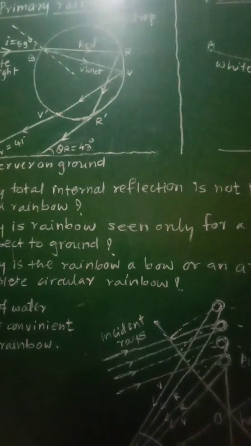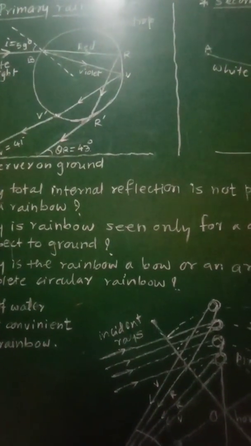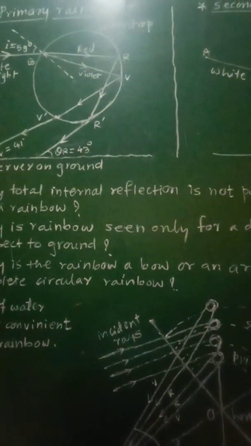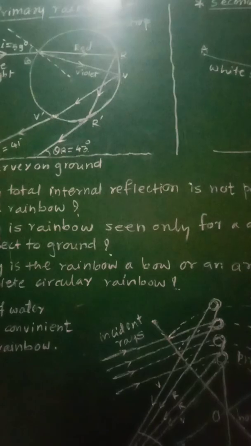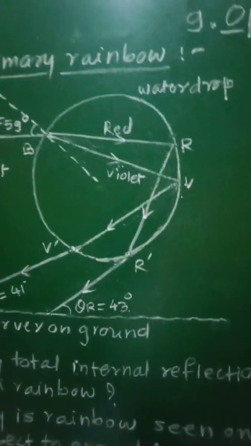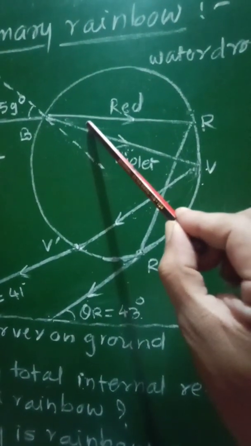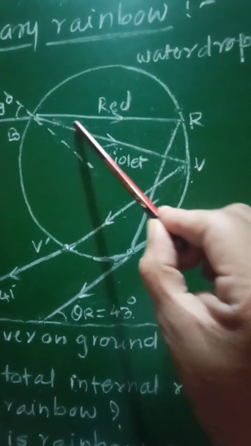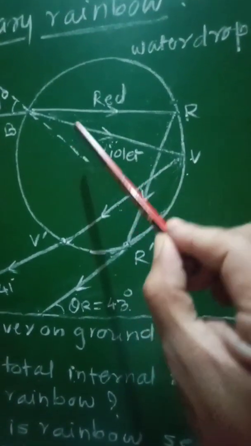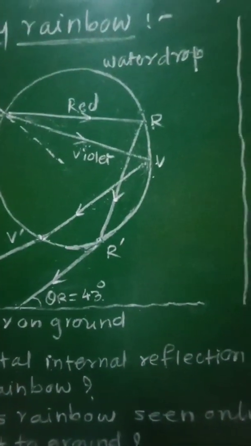So if it is less than the critical angle, then there will be no total internal reflection, and therefore from this it is clear that the angle of refraction r itself is the angle of incidence at any point for one or more internal reflections which take place in the drop. So the angle of refraction for violet as well as for red will behave as the angle of incidence for the further reflection.